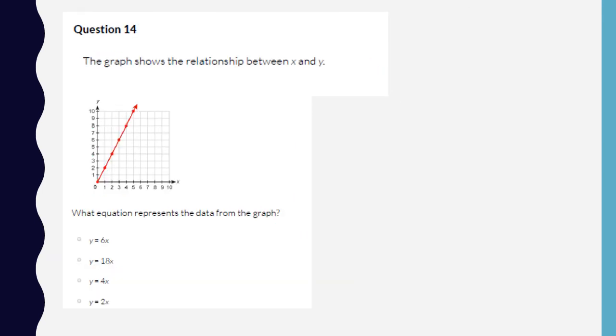Okay, the graph shows the relationship. Which equation represents the data from the graph? So I go over to the right 1 and up 2. Then I go over 2 and up 4.